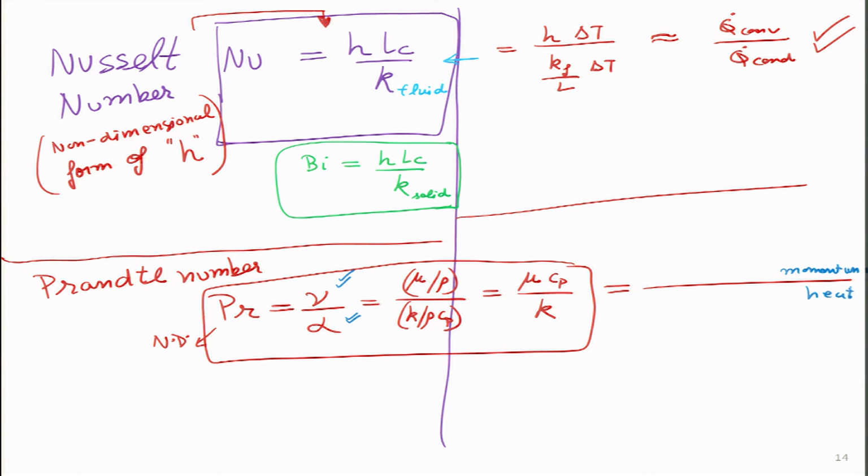It is the thermal diffusivity. So, what we will define as the numerator is the molecular diffusivity of momentum, and here it is the molecular diffusivity of heat. So, this is the ratio over here.